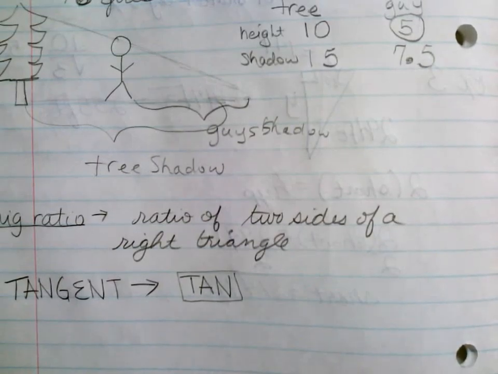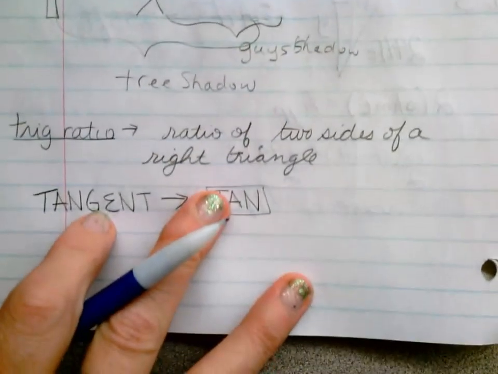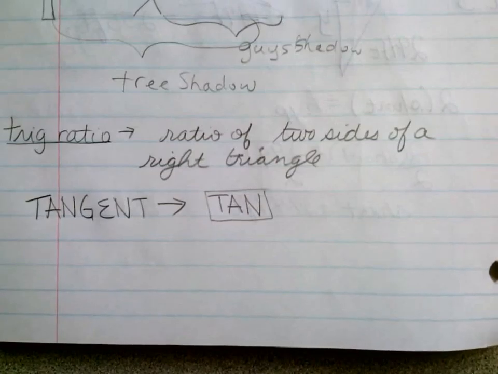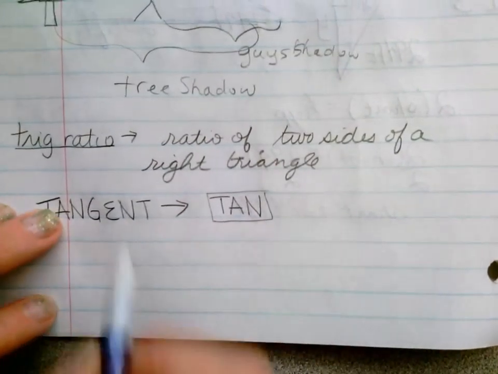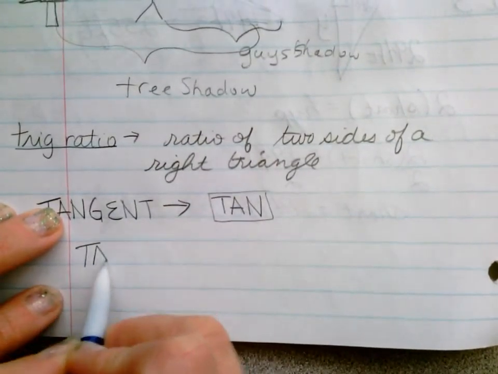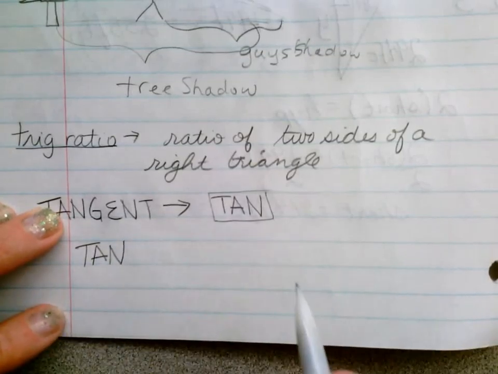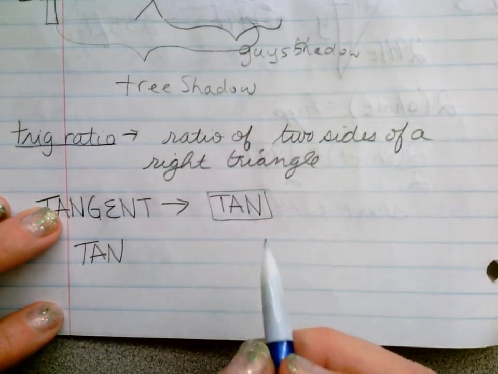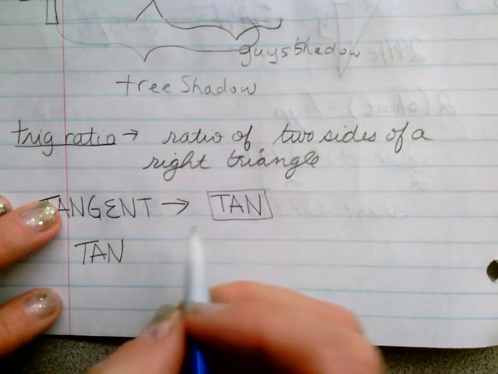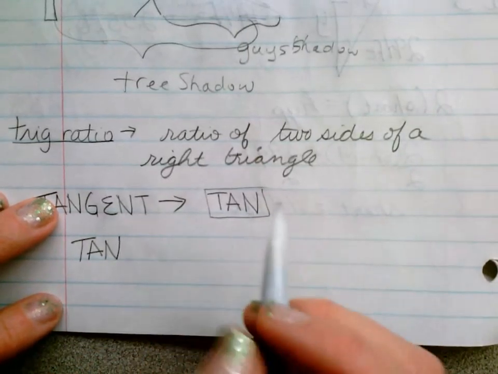To solve a tangent, and we're going to figure out why we care, the tangent ratio is as follows.